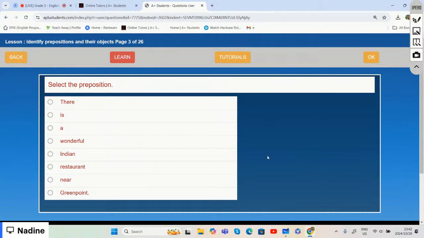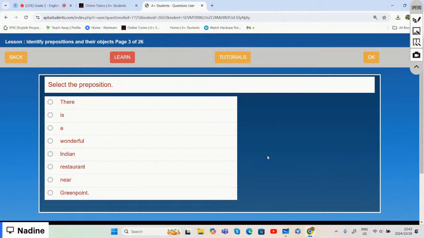The next one says there is a wonderful Indian restaurant near Greenpoint. We need to select the preposition within that sentence.